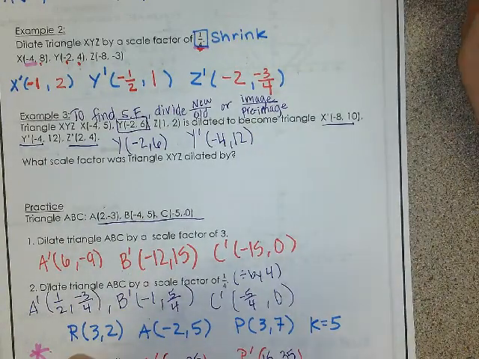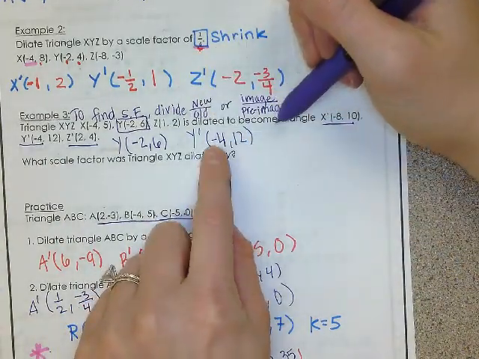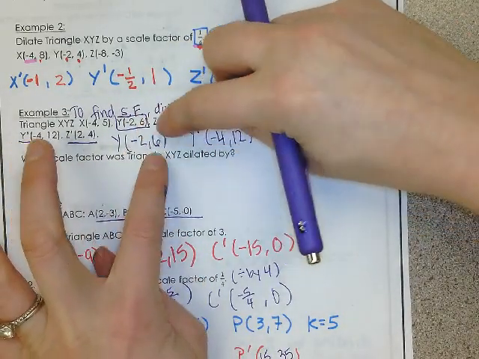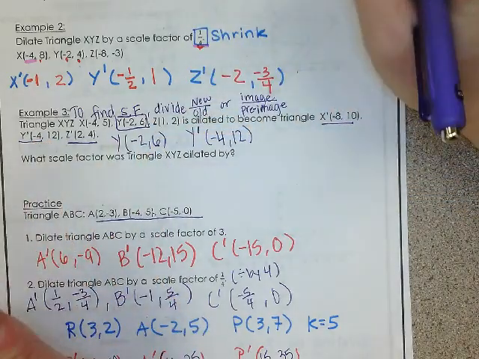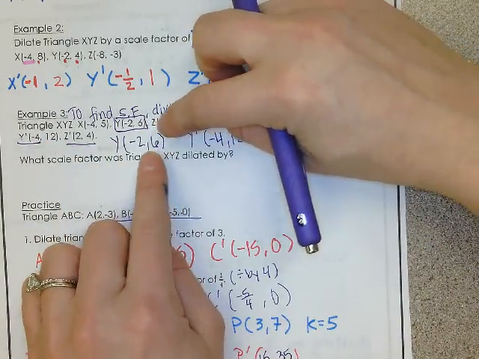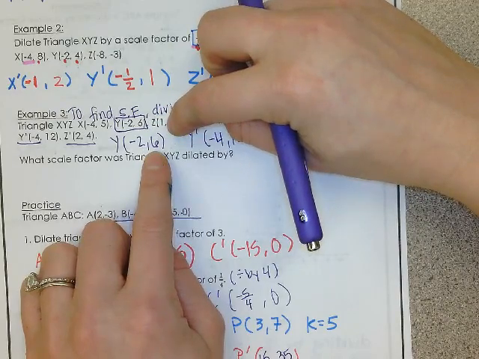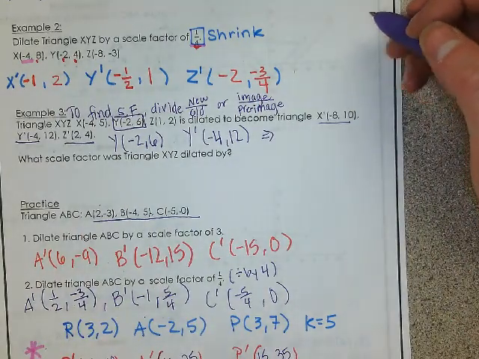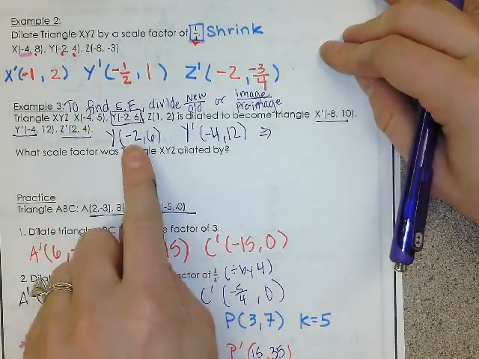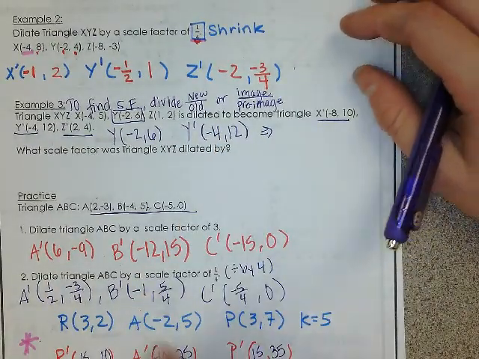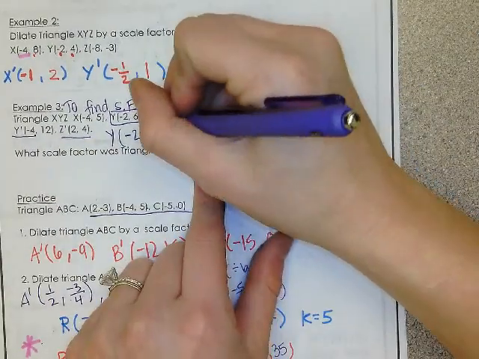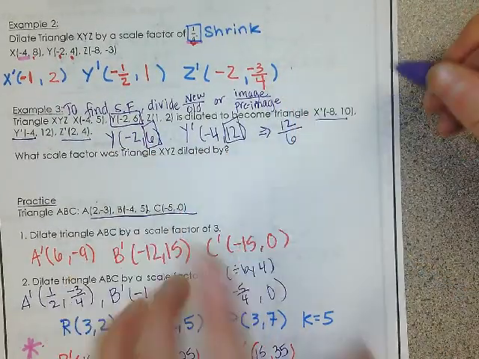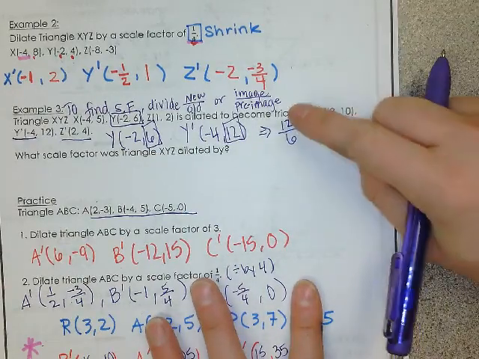This is my image and this is my pre-image. I can choose the x value or the y value, you can choose either one. Remember, the new one has to go on top. So is y or y prime the new one? Y prime. So we chose the y variable. So 12 is the new one, 6 is the old one. Now what's 12 divided by 6?